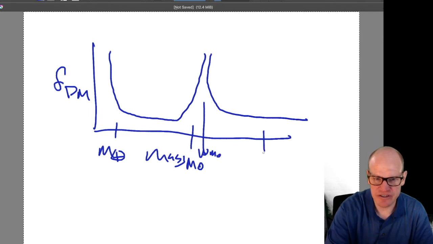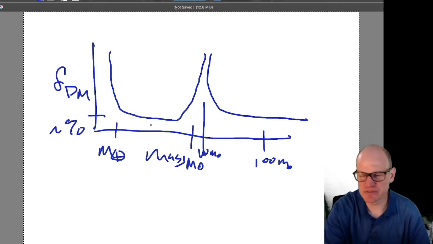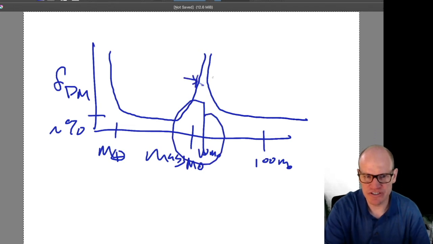And then up here at like 100 solar masses, the constraints are pretty good as well. But it only gets down to a few percent, so a percent scale, which means that 99% of the dark matter has to be something besides these, provided that these primordial black holes are not in this window where you can get a larger thing. But anyways, these observations are starting to close off this allowable region.